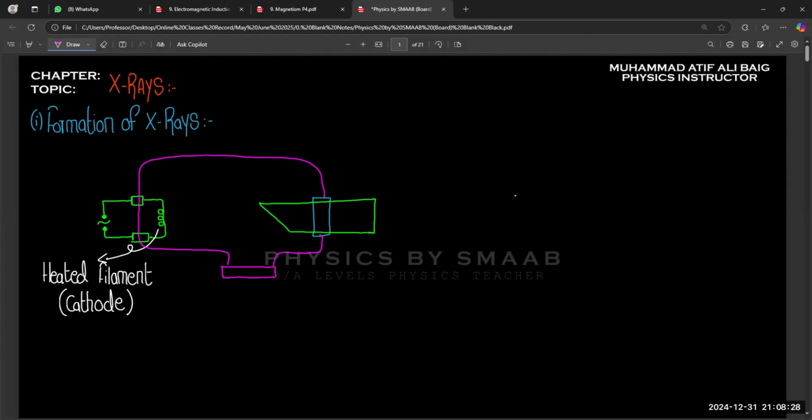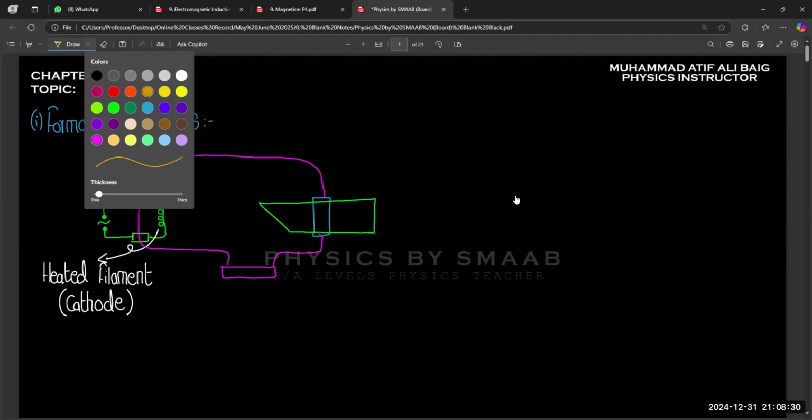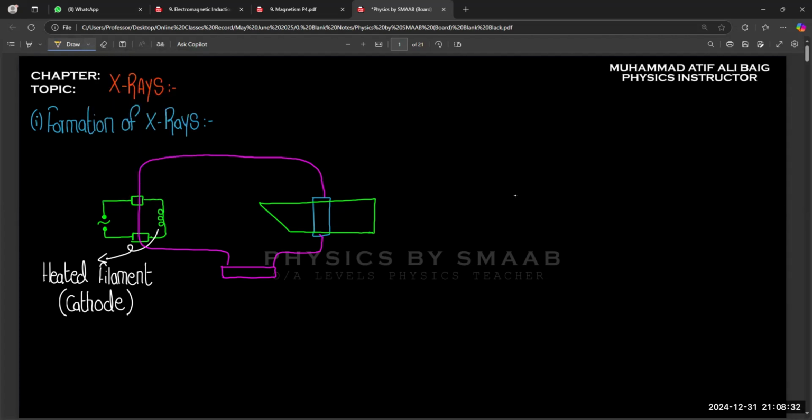And definitely we need to provide voltage. So definitely the left side must be connected to the negative and the right side to the positive to accelerate the electrons. This side is positive.